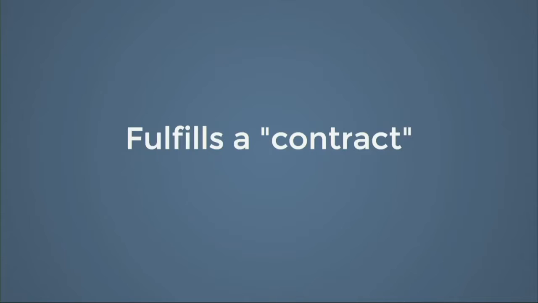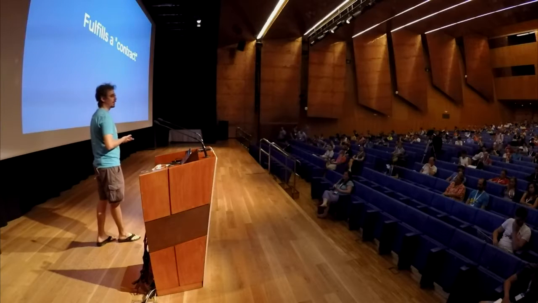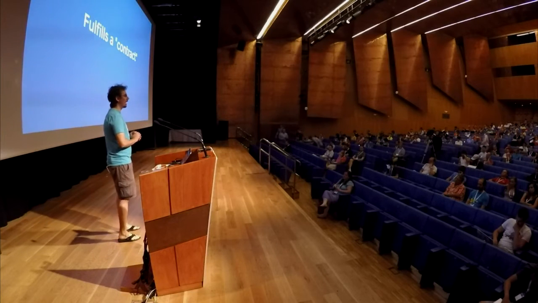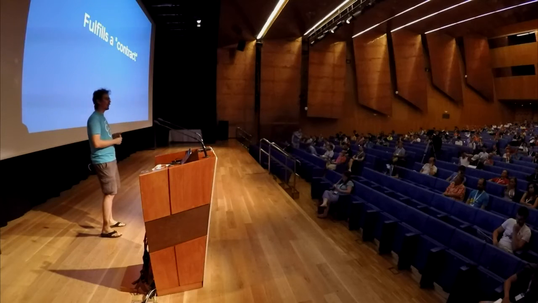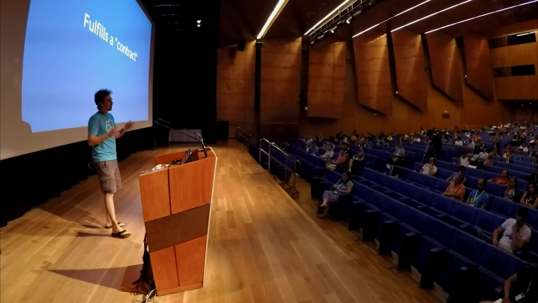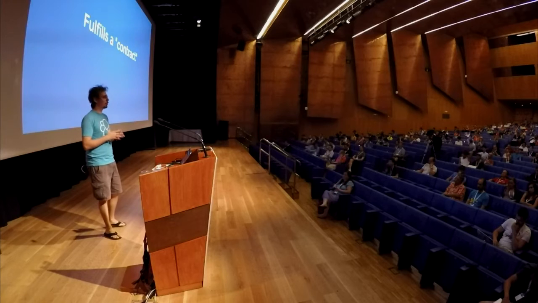So the API fulfills a contract for that code. And the contract can be either explicit or implicit. It can be explicit via documentation. You can document the contract. You can say, these are the methods, these are the responses, and that's probably something that you should have either way. But you can also have an implicit contract, a cultural one, if you please, which makes the API behave as you would expect it.